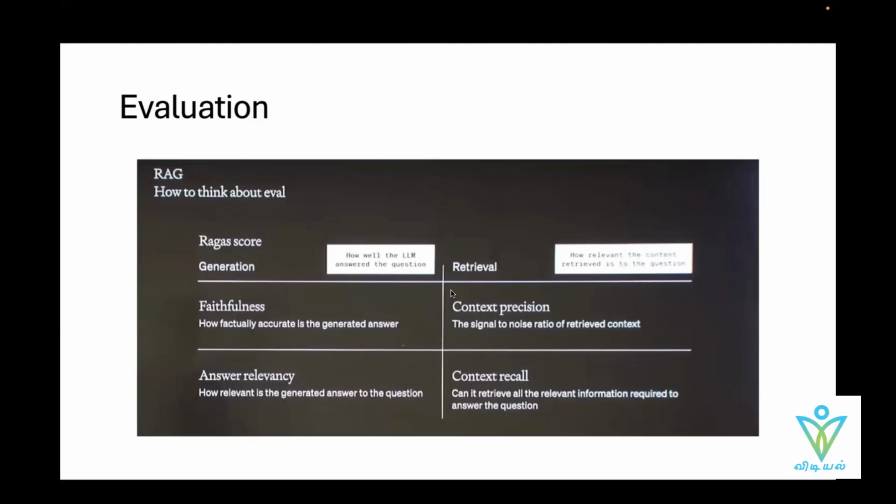If 5 chunks are retrieved, how well is the right answer placed at the top? If the topmost answer is the most relevant, then the context recall is correct. If you retrieve 10 chunks and the most relevant answer is the 10th one, then it means the context recall is wrong.